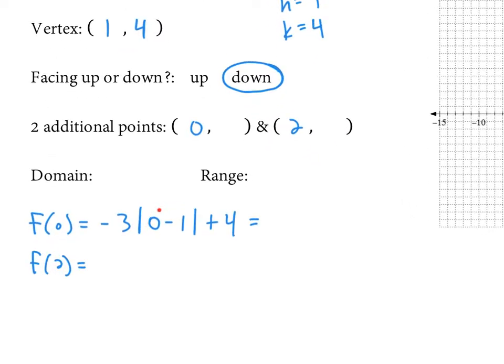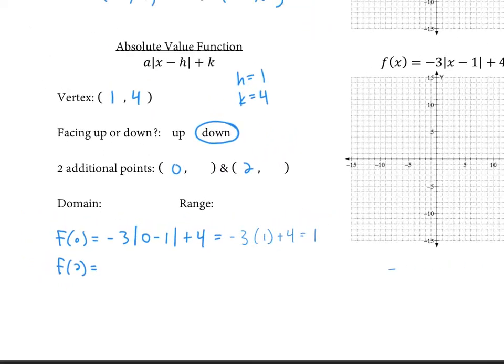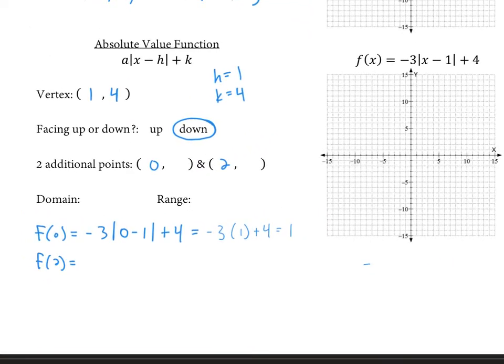Okay, so this 0 minus 1 is negative 1, but the absolute value of negative 1 is positive 1. So this is negative 3 times positive 1 plus 4. And then negative 3 times 1 is just negative 3. And then plus 4 is 1. Okay, so now we'll plug in 2.